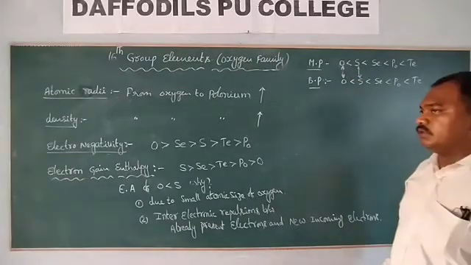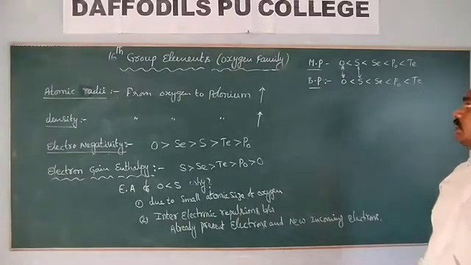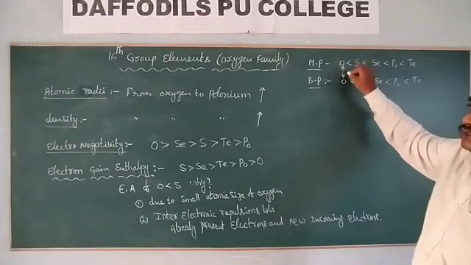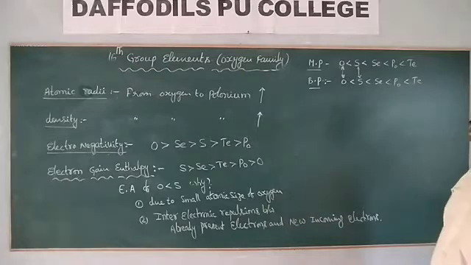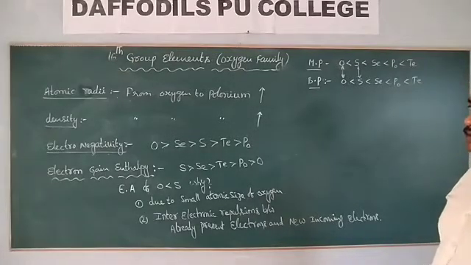This is due to atomicity. The atomicity of oxygen is 2, it is a diatomic molecule, but the atomicity of sulfur is 8.